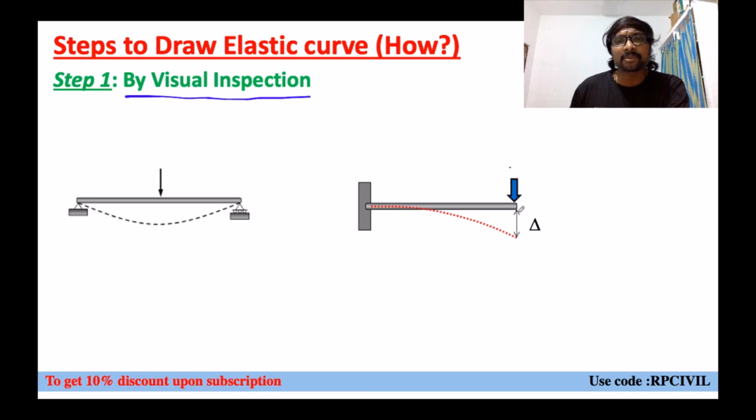We'll be getting this much amount of deflection at this place, this much amount of rotation at this place, but we cannot identify the nature of the curve from them. For identifying the nature of the curve, we need to go for visual inspection.